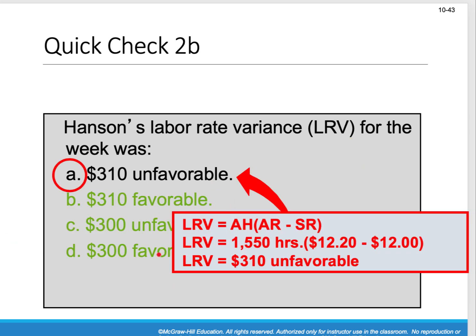And there's the calculation right there. Okay, and again, how did they get this? Well, they took the total cost, 18,910, and they divided it by the 1,550. Okay.